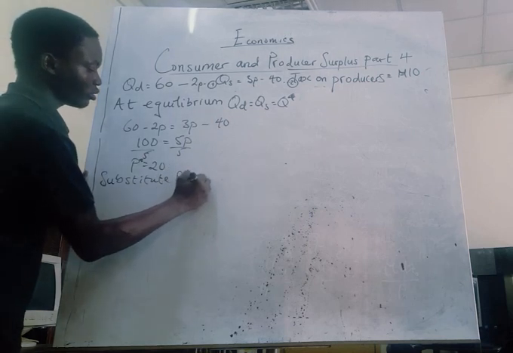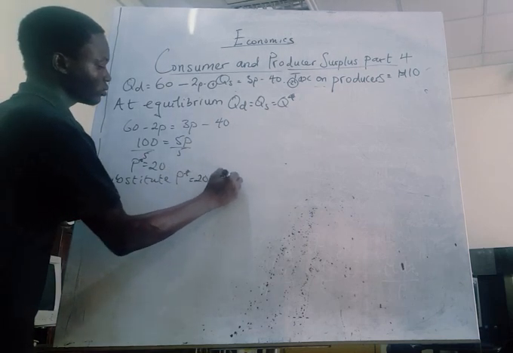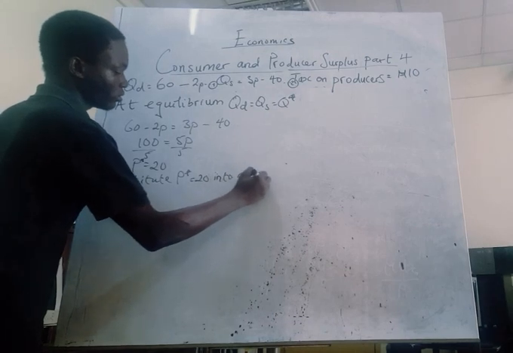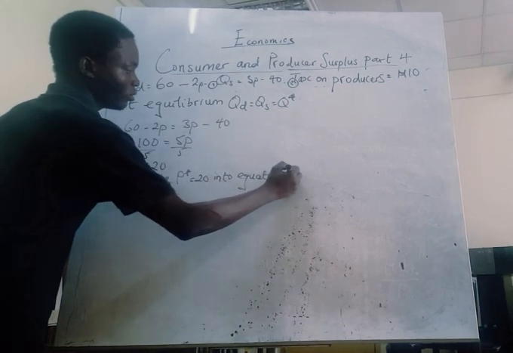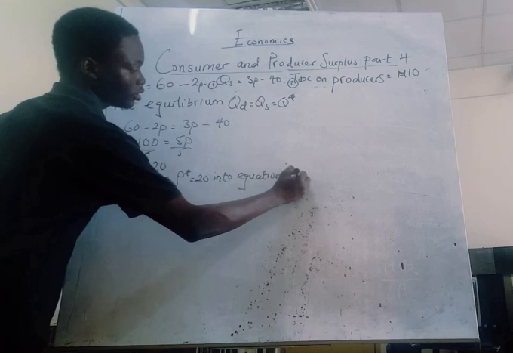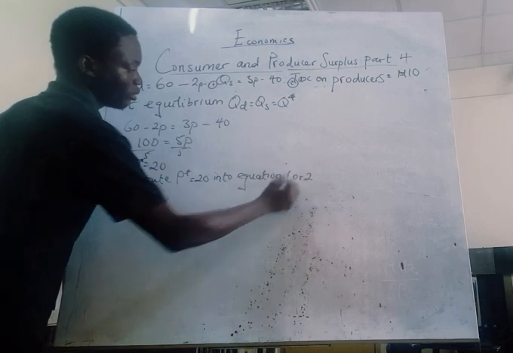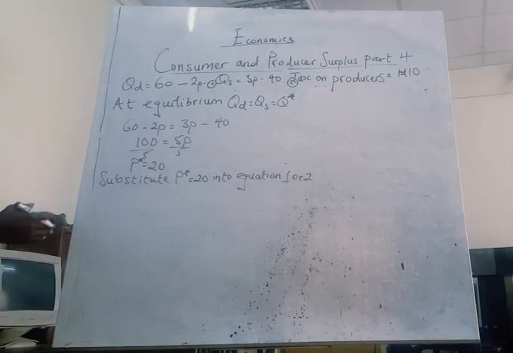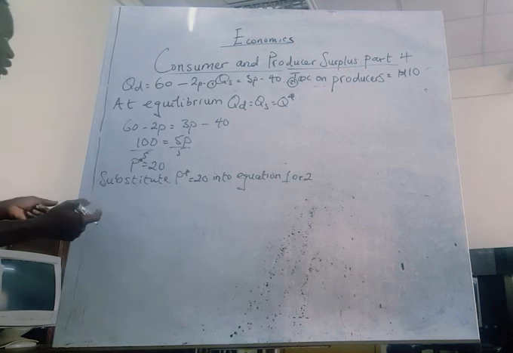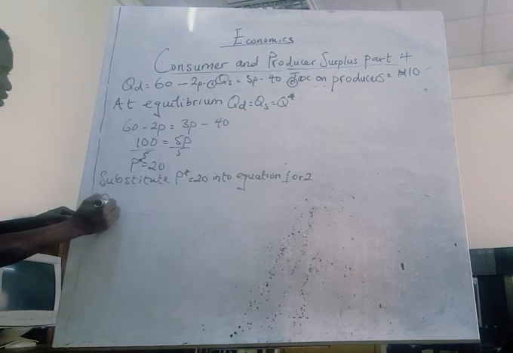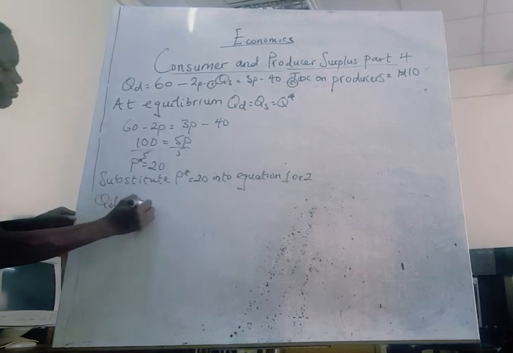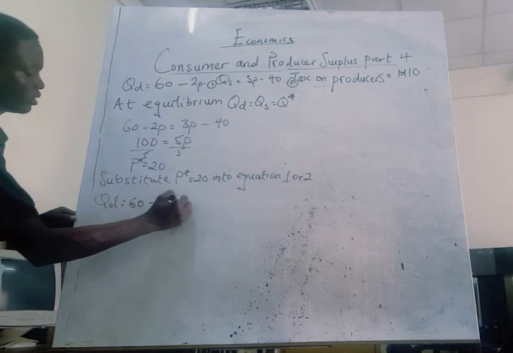into equation 1 or 2, but in this video we'll do for the two of them so that you will know that the answer is going to be the same. So we have QD equals 60 minus 2 into bracket 20.